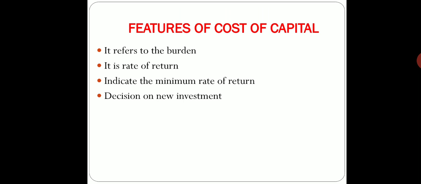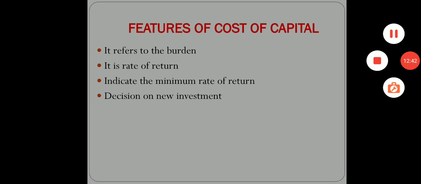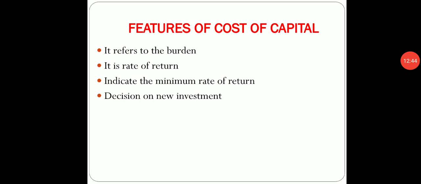Then after, decision on new investment. It is really very helpful to take the decision on the new investment. If a company wants to make an investment, then definitely they must have a proper source of capital with them.